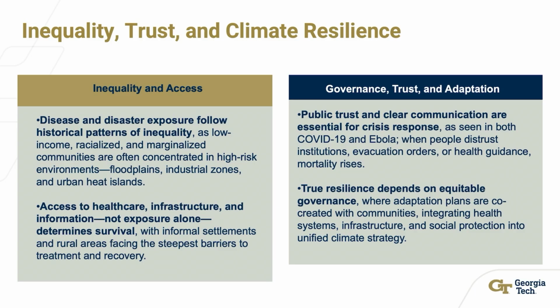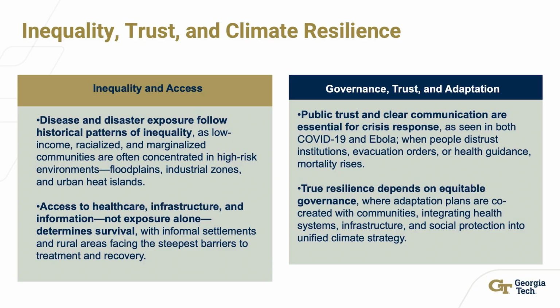Governance, trust, and adaptation. So public trust and clear communication are essential for crisis response. We know that with COVID-19, there was a lot of confusion around the safety of precautions, or whether precautions were necessary, whether wearing a mask or social distancing was beneficial, whether the vaccines were safe to take, and even effective.